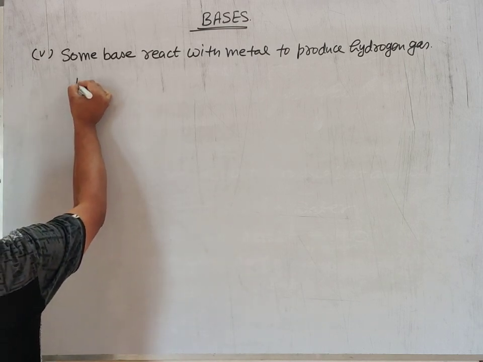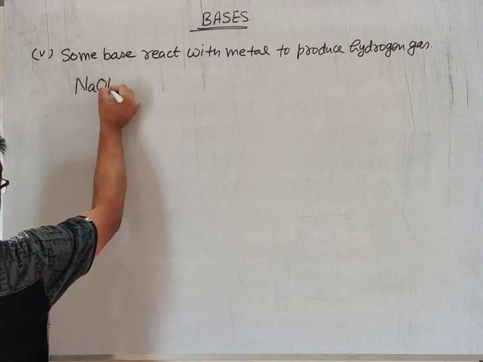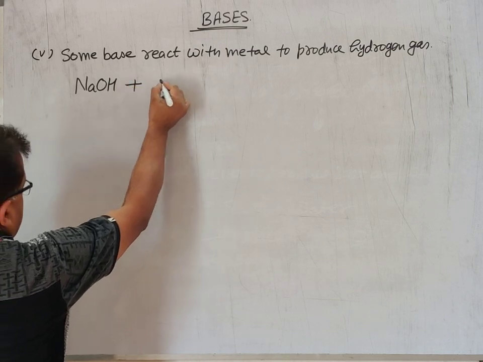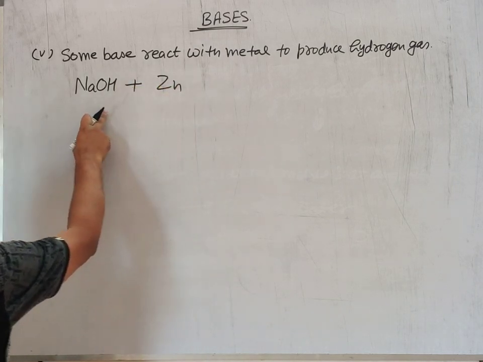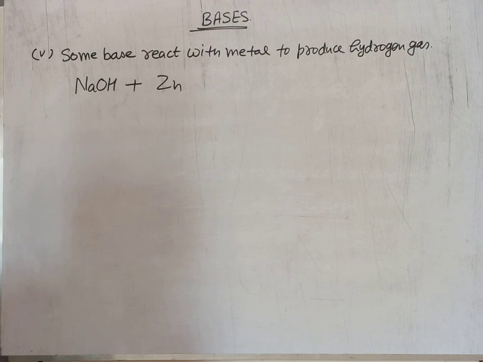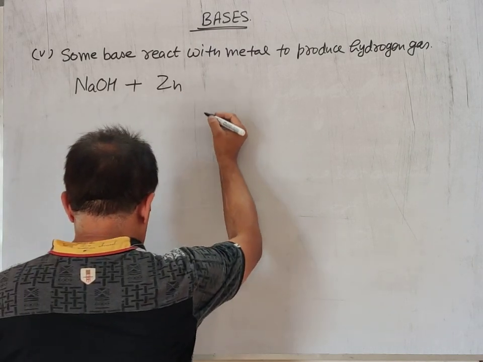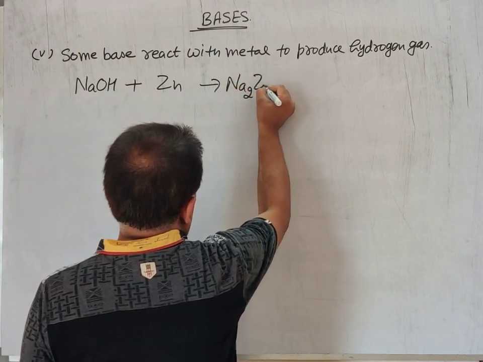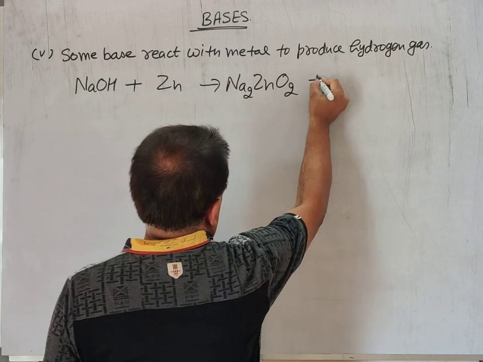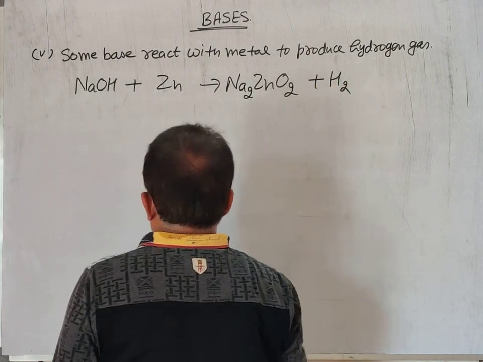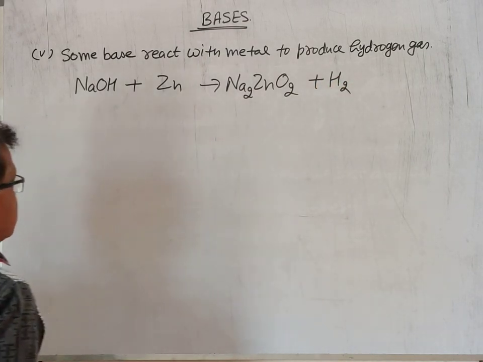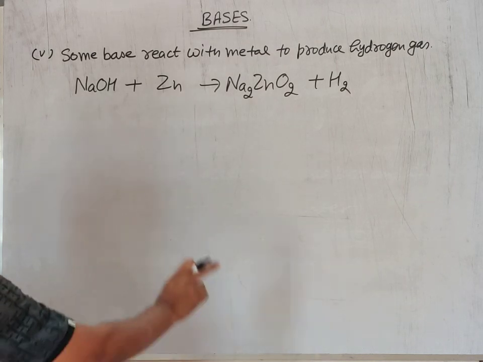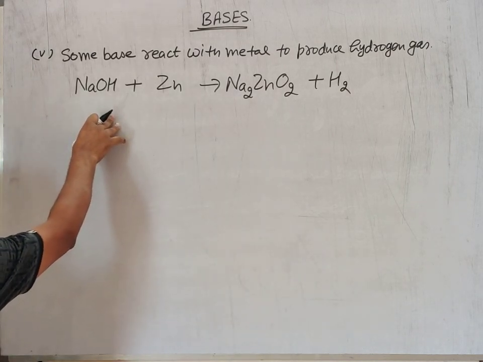So here, like NaOH reacts with zinc metal. NaOH is a base, as you know, sodium hydroxide. It forms Na2ZnO2 plus hydrogen. So thus we can say base reacts with metal to produce hydrogen.